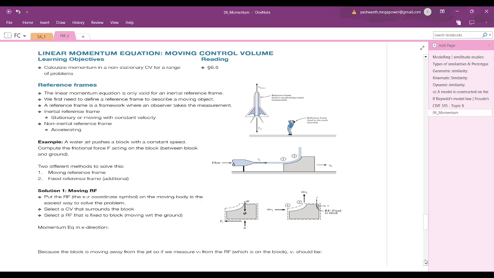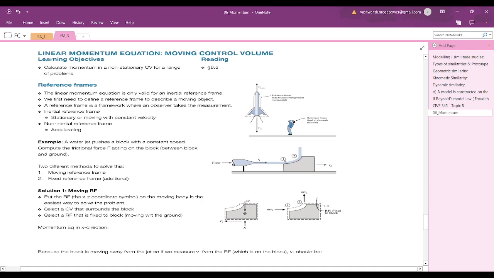Now see the example. A water jet pushes a block with a constant speed. So that is an example of moving control volume. In this diagram, are you able to see the diagram? The water jet is coming out of the nozzle and this water jet is continuously striking this block with a constant speed.